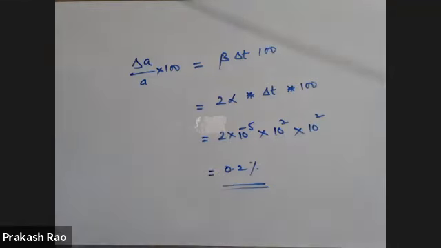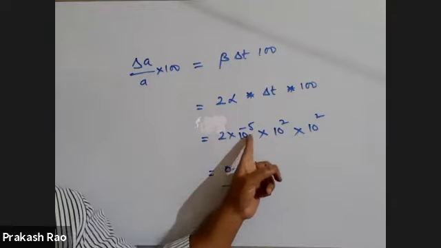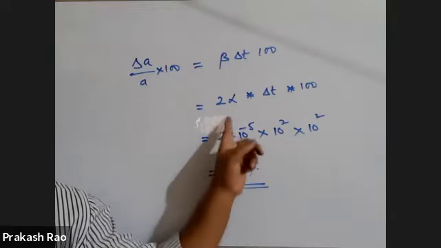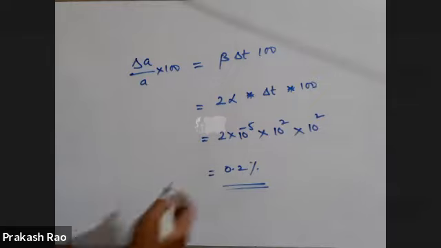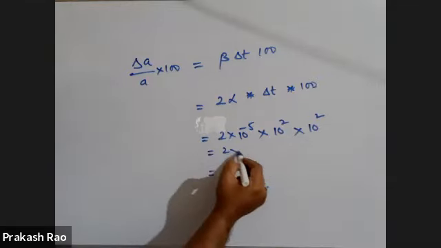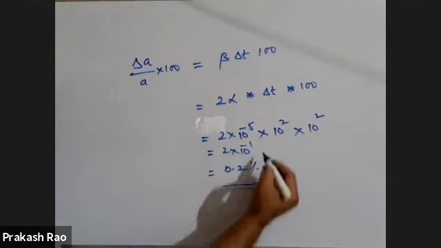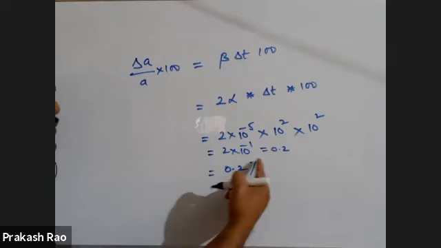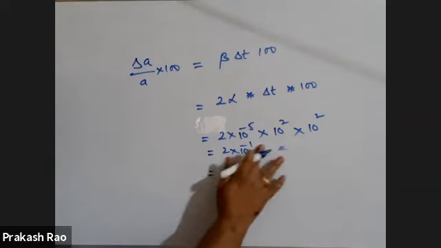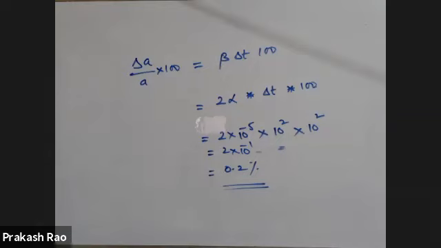This is your answer. Minus 5 plus 4, minus 1. Minus 1 means 0.2. 2 into 10 power minus 1, which is nothing but 0.2%. This is problem number 11.